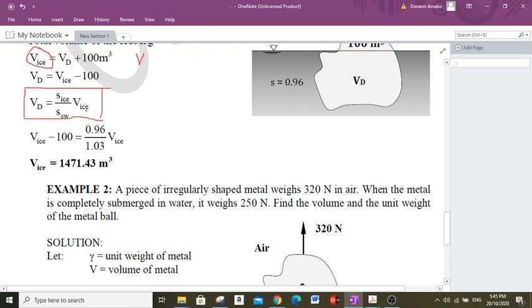If we substitute this into the previous equation, we will come up with an equation with the total volume of ice as the variable, and finally we get the total volume of ice.